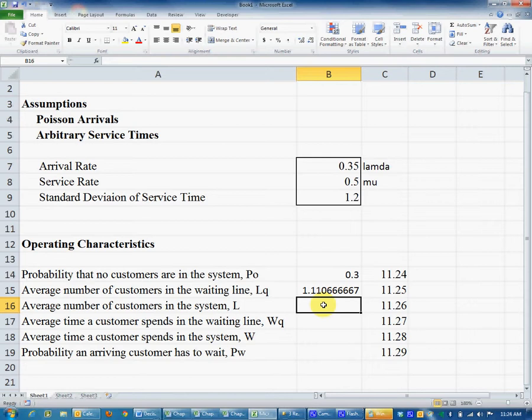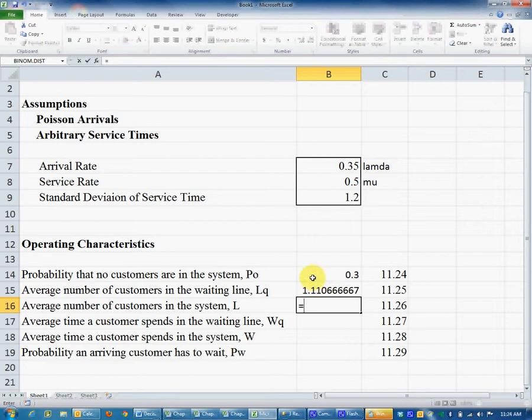You guys tell me, what's equation 1126? You can do this easily. You just have to look. Equals average number of customers waiting in line plus lambda over mu.